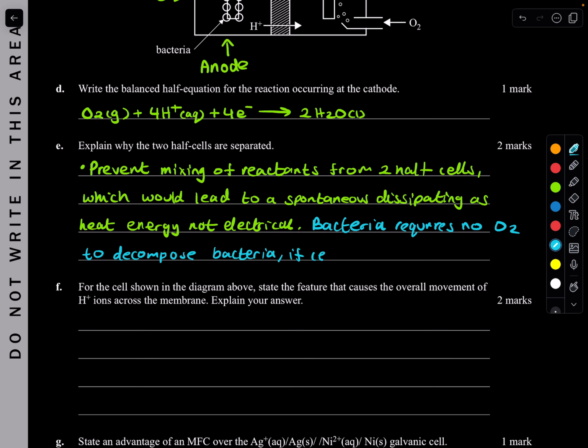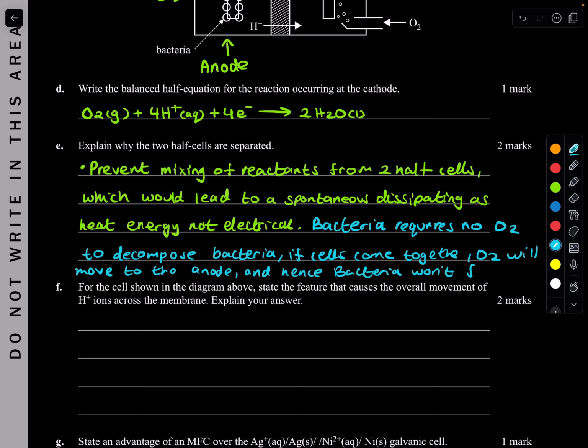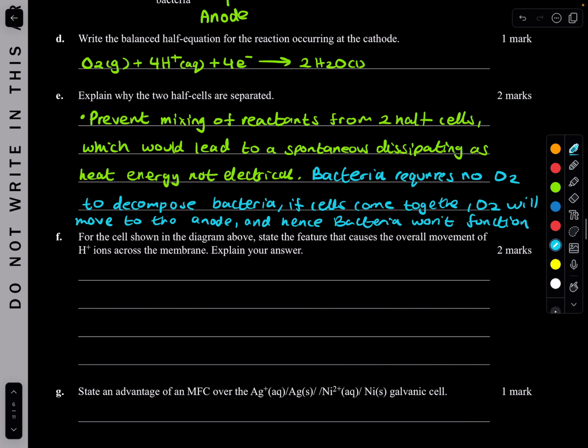If cells come together, O2 gas basically will move to the anode side, and hence bacteria won't work properly. Hence, bacteria won't function properly. If that makes sense.